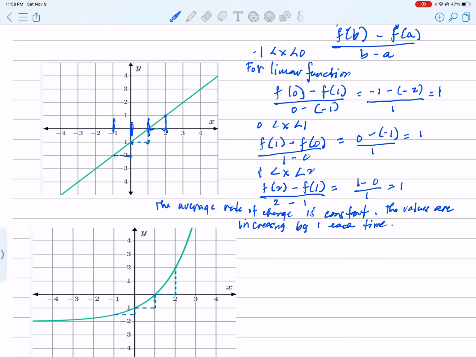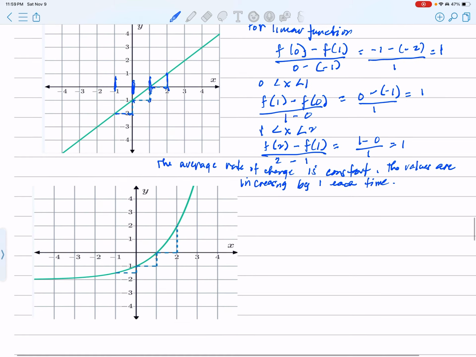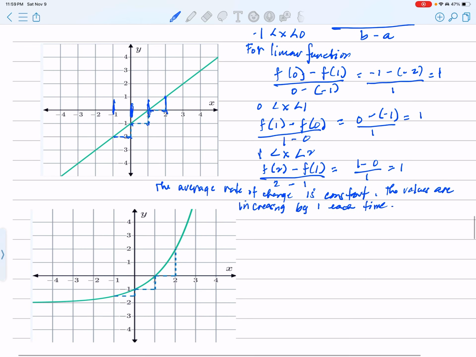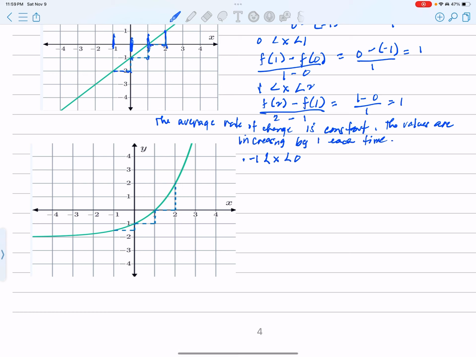Okay, let's look at the exponential. Doing the same thing for exponential. Let me do the interval here, negative 1 to 0.